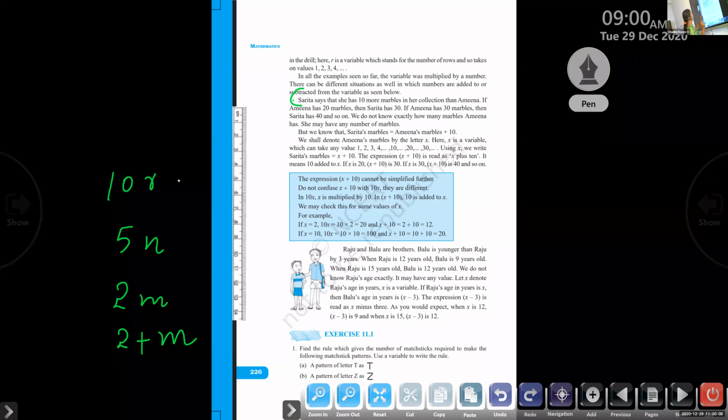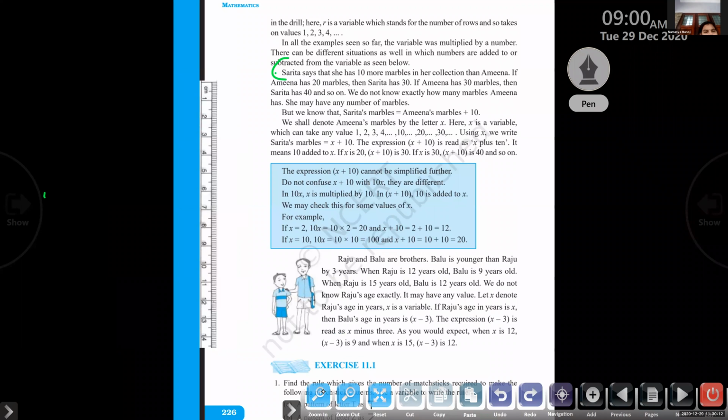Can you see the board? Yes, ma'am. Okay, one example I'll give you. Sarida says that she has 10 more marbles in her collection than Amina.